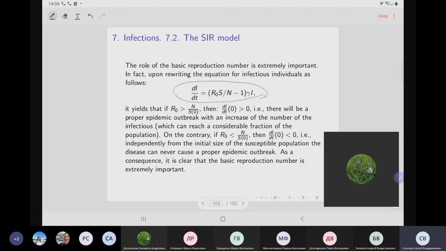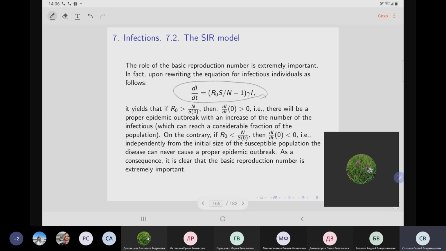And finally, we can see that this main fraction N divided by S of 0, if our basic reproductive number is large enough, then the epidemic outbreak occurs with an increase of the number of infected.